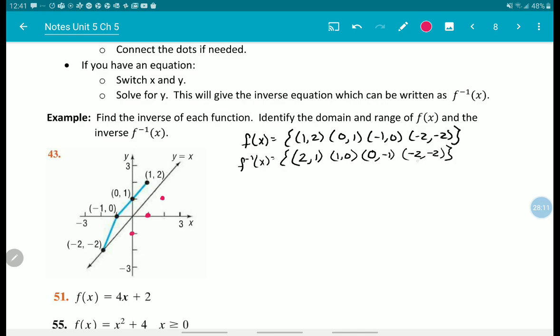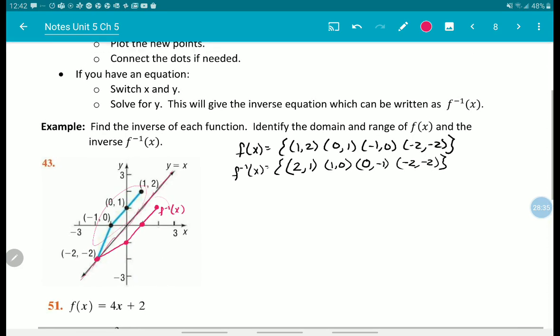And then the point (-2, -2) is here. If we connect these dots, there's our graph. So this is our inverse function. You can see how it has symmetry about the line y equals x. If we were to fold this graph along this line, this would line up with this one. It's pretty cool how that works.